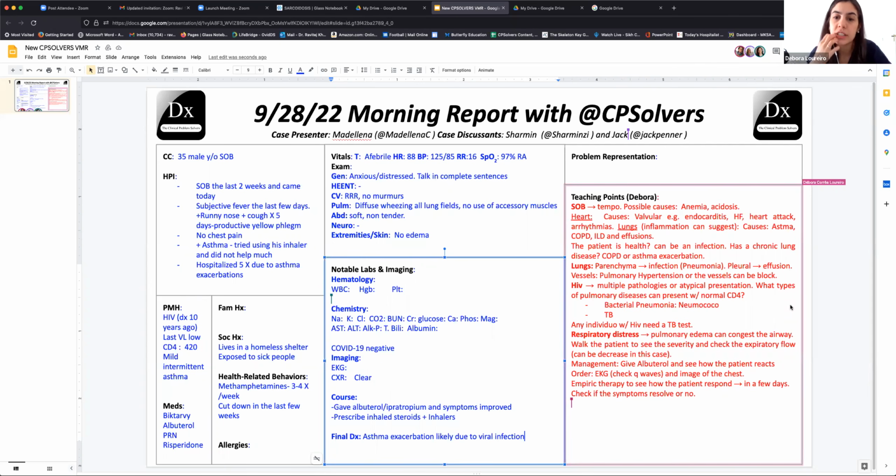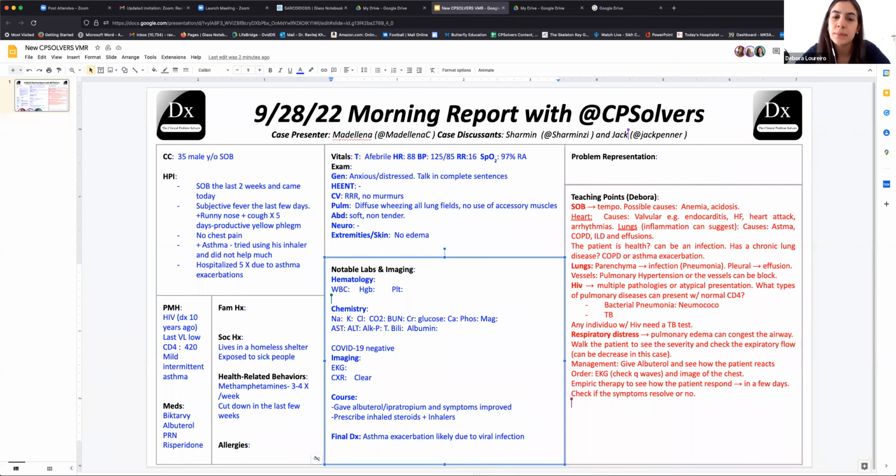And the respiratory distress could have another cause, like pulmonary edema that can congest the airway. So we can check the patient by asking them to walk and checking the expiratory flow, giving albuterol and checking how the patient reacts, and then doing some tests like an EKG and imaging.